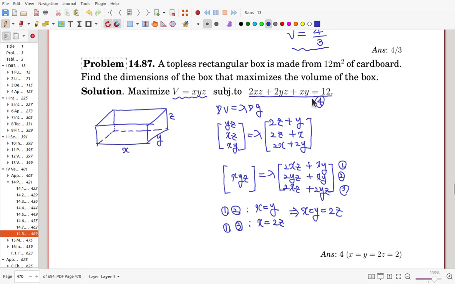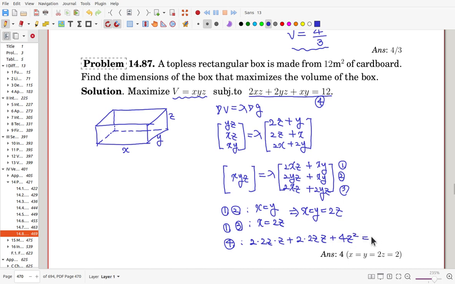Now we have to use the fourth equation. So far we didn't use that equation. Now it's time to use it. x and y are both 2z. So from equation 4: 2 times x, which is 2z, times z, plus 2y, which is 2z times z, and then x and y are both 2z, so there's 4z squared.